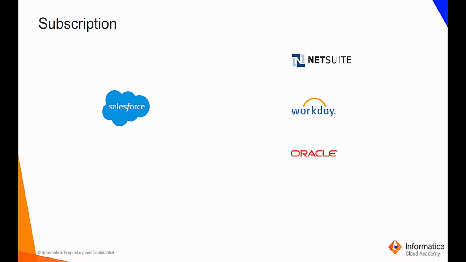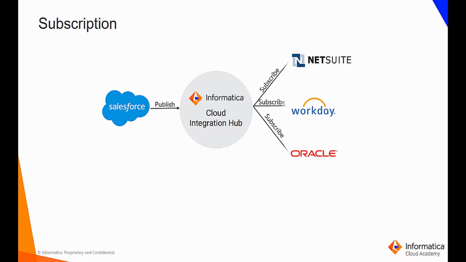To simplify this, you can use Informatica Cloud Integration Hub. After you publish the data from Salesforce to the Hub, all applications can then subscribe the required topic data from Hub. This subscription can be manually performed, externally triggered, or triggered based on schedule.